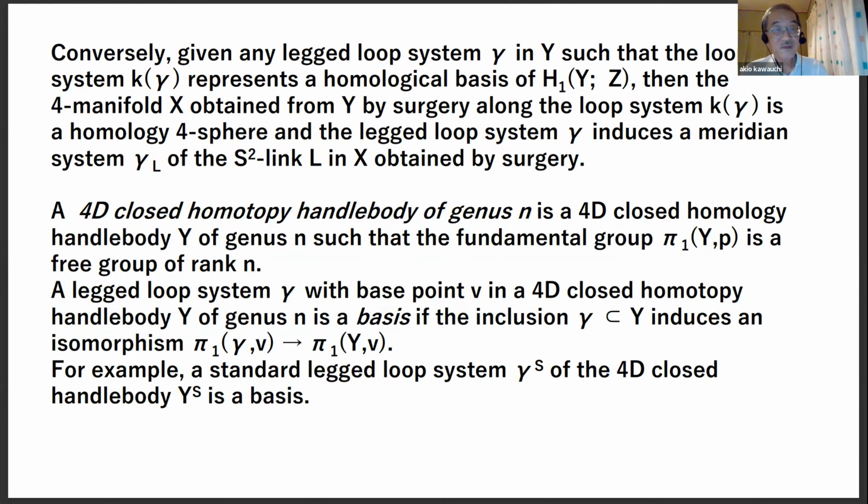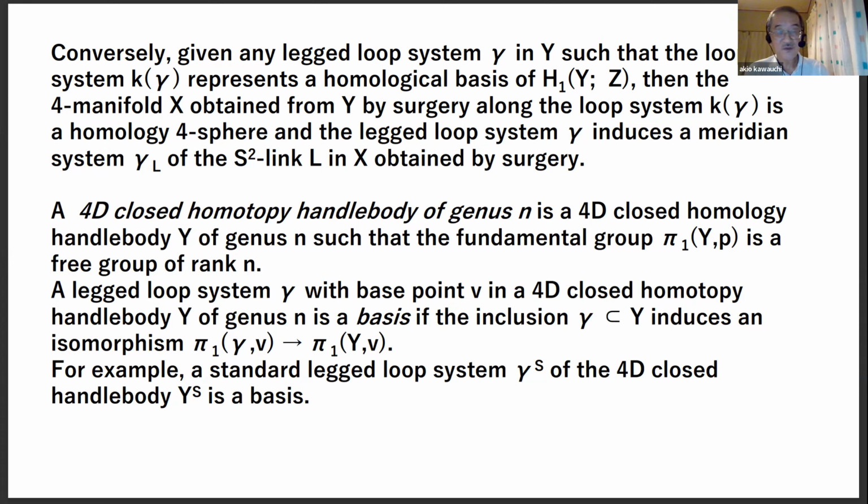Conversely, given any legged loop system gamma in Y such that K gamma represents a homological basis of the first homology of Y, the 4-manifold X obtained from Y by surgery along K gamma is a homology 4-sphere, and gamma induces a meridian system gamma L of the S2 link L in X obtained by surgery.